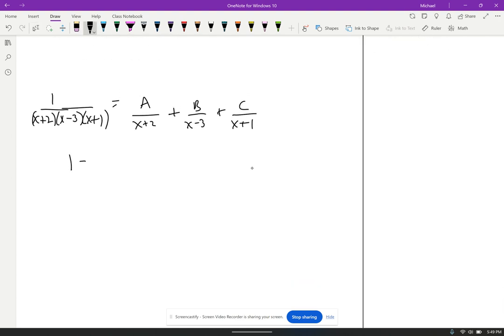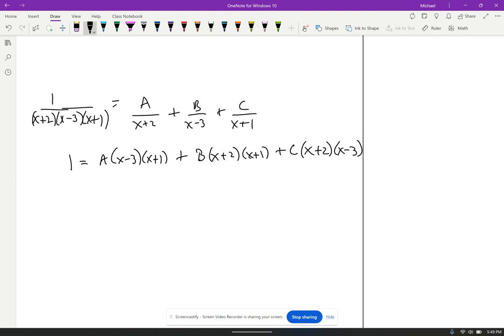So that's going to leave me with 1 equals a times... well, if I multiply this whole thing times each of these, when I multiply it times the first one, the x plus 2's are gone, and I'm left with this, plus b, the x minus 3's cancel and reduce, and I'm left with this, plus c, the x plus 1's reduce, and I'm left with this. I meant to put a c and parentheses here.